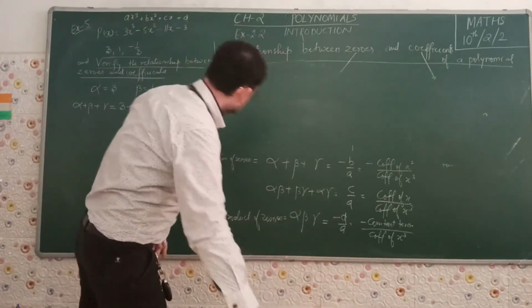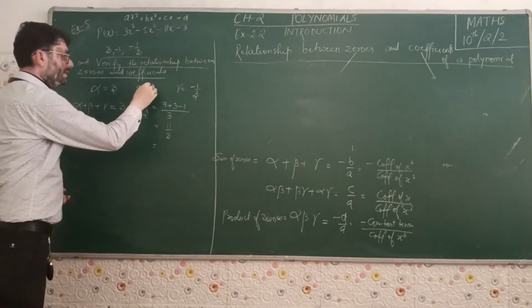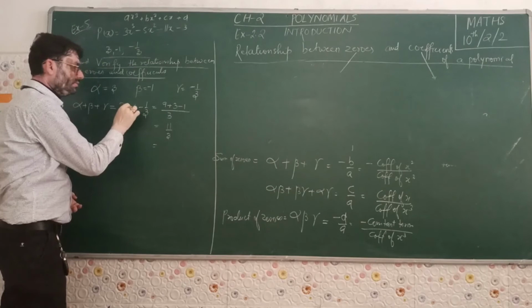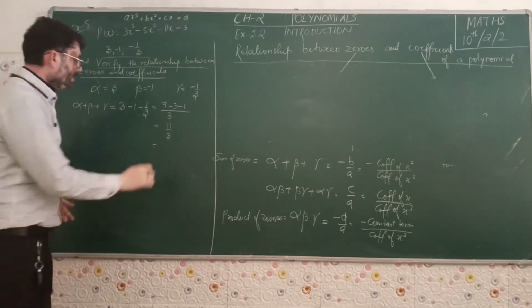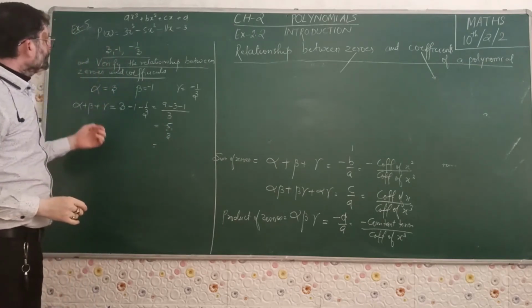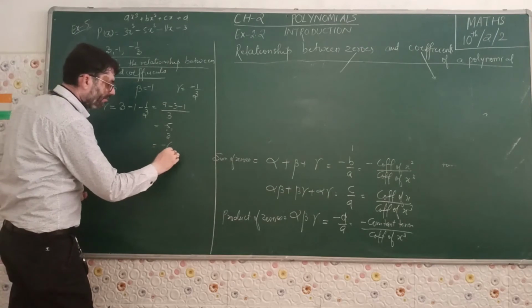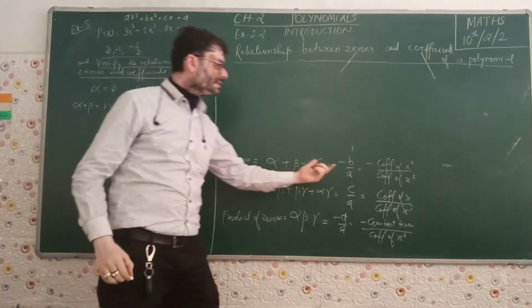Yes, that was my mistake. The value is -1. So this will be -1, and this is also -1, and this is also -1. So this will be getting as 5/3, and this could be written as minus of -5/3, to obtain minus b by a.